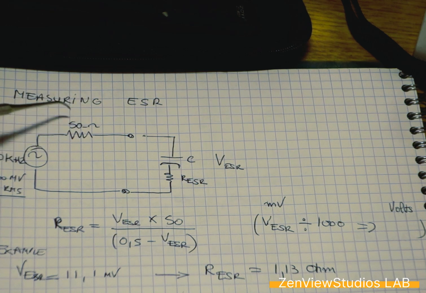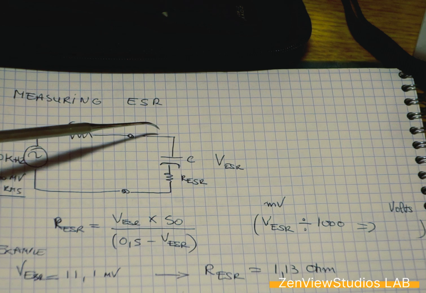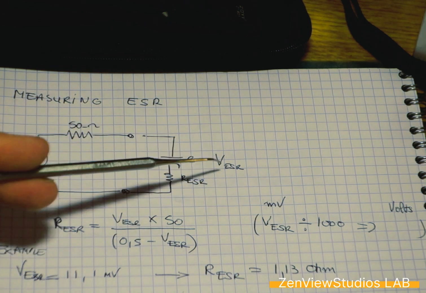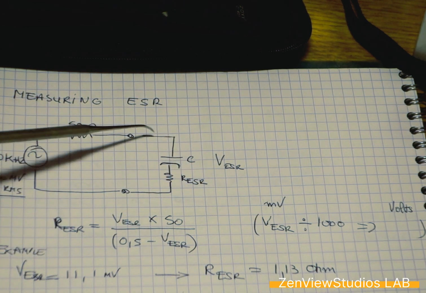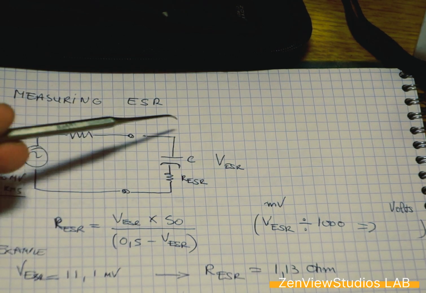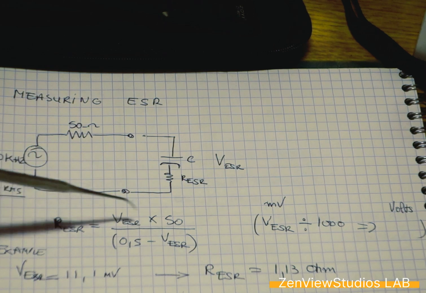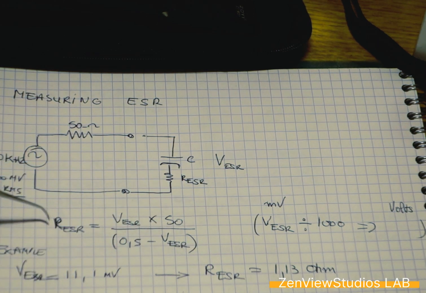It's a 50 ohm generator, so we know that. And we will measure the V, which I call VESR, the change of voltage compared to the open circuit voltage and the loaded circuit voltage with the capacitor. And here is the formula that we use.